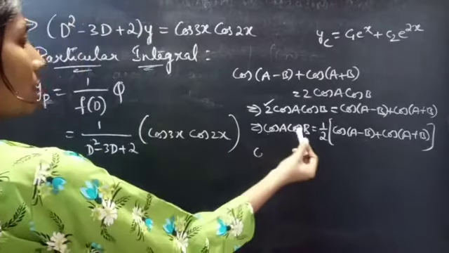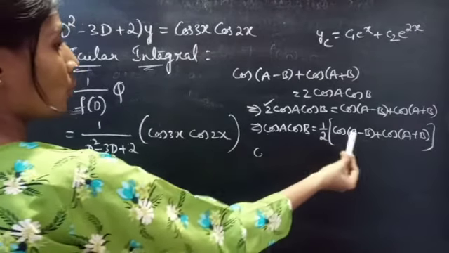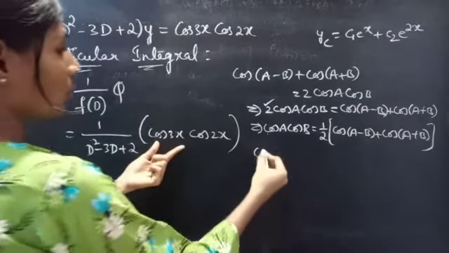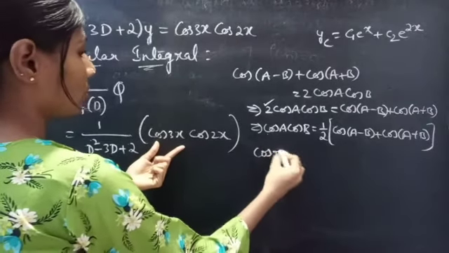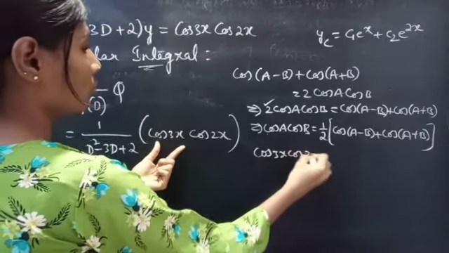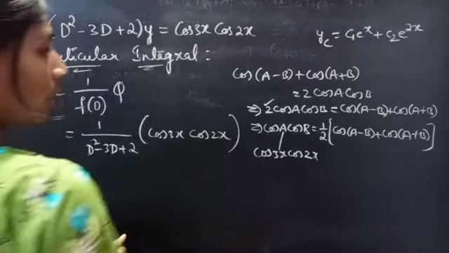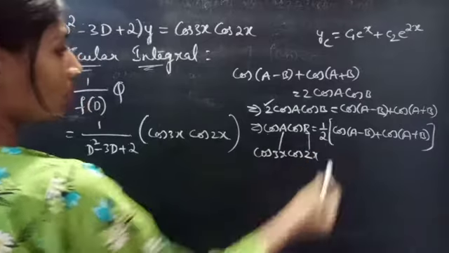Now since cos a cos b equals 1 by 2 into [cos(a minus b) plus cos(a plus b)], what will be the value of cos 3x times cos 2x, for a equals 3x and b equals 2x?